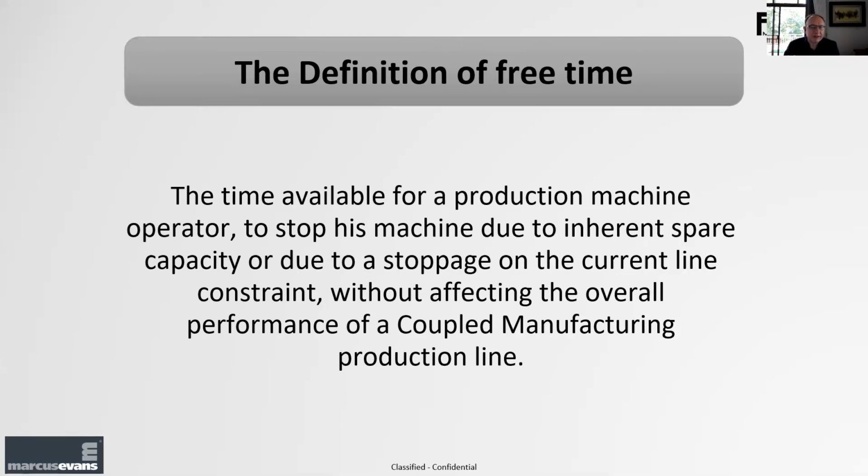It's dynamic. The second type of free time is this, where it says, or due to a stoppage on the current line constraint. So for example, if the filling machine is the line constraint, if the filler has to stop to do a flavor change or they have to fix a valve, if you bring that information to the other production machines, they can add that additional free time to their dynamic free time.